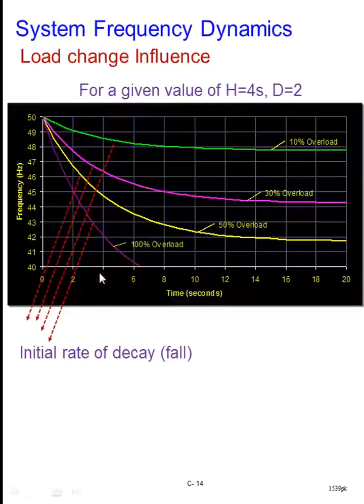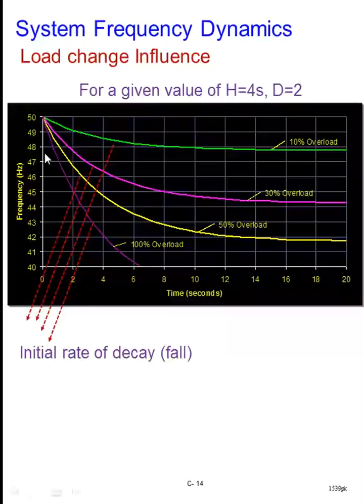Thus it is very important that against the overloading, this change in the frequency which you observe is controlled, because even in the case of 10% overloading, frequency drops to 48 hertz. If I say plus minus 5%, then this change will be 47.5, right?